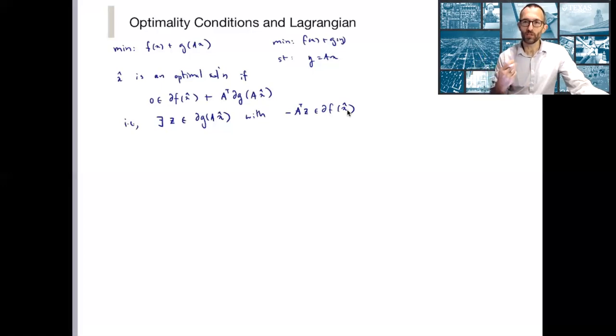What we're really doing is, instead of optimizing over x, we're trying to look for a subgradient that proves that a particular x is optimal. That's one way to think about what the dual is doing.